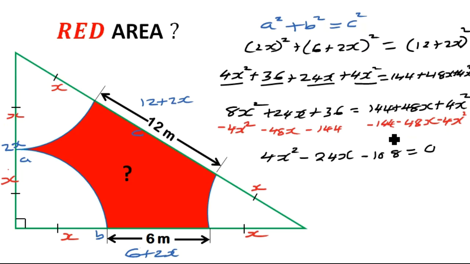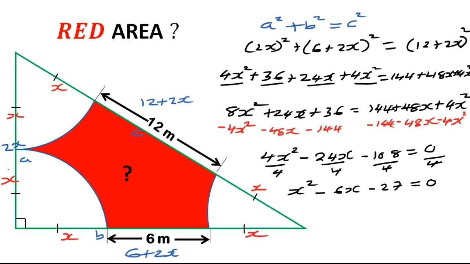Now from here, you can see 4 is a common factor, so we can divide all through by 4. So 4 divided by 4, you remain with x squared, then minus 24 divided by 4 is minus 6x, then minus 108 divided by 4, that is minus 27, equal to 0.